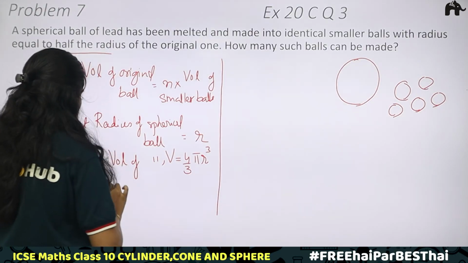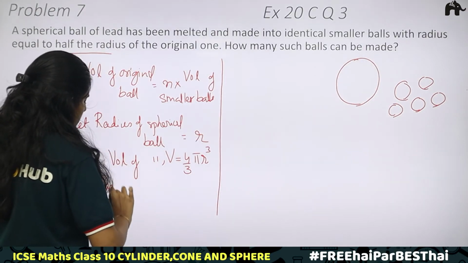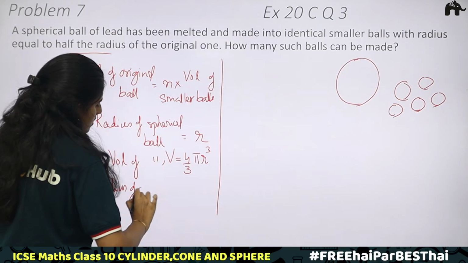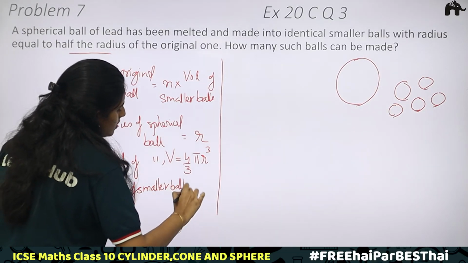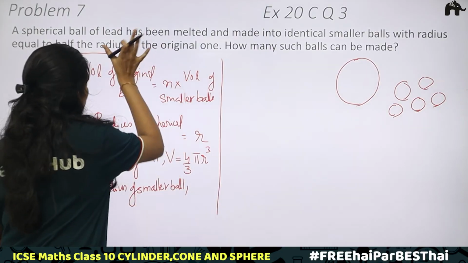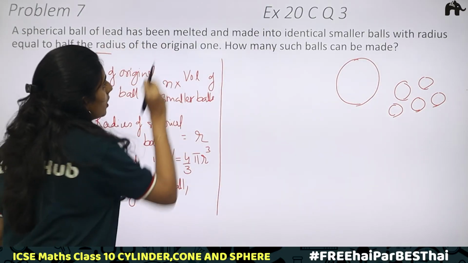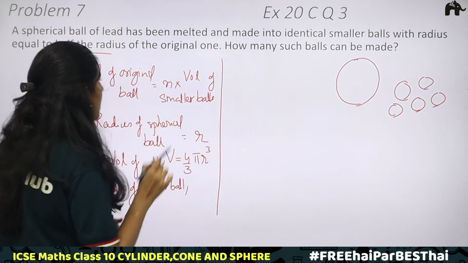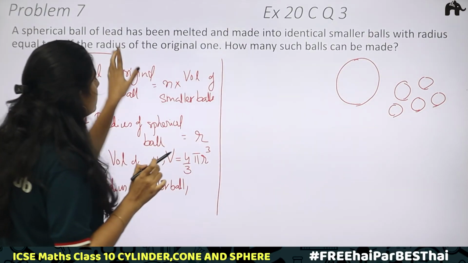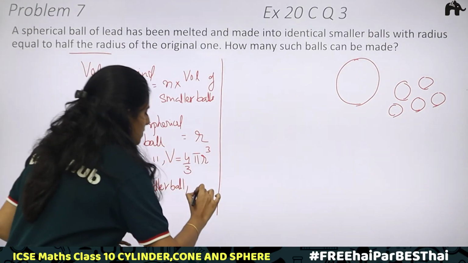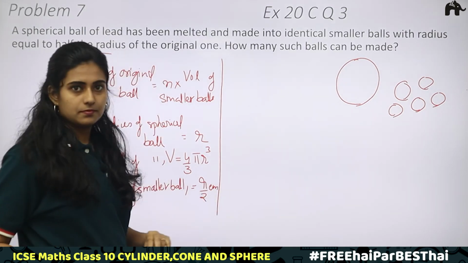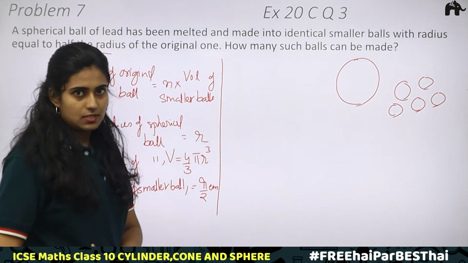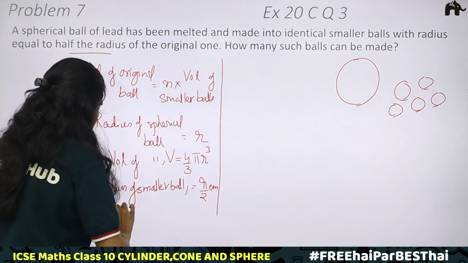Okay. Now, what is the radius of the smaller ball? How is the radius of the original ball and that of the smaller ball related? It is given that the radius is equal to half the radius of the original ball, which means r by 2 centimeter. What is the volume then?